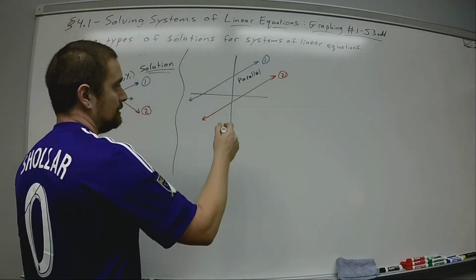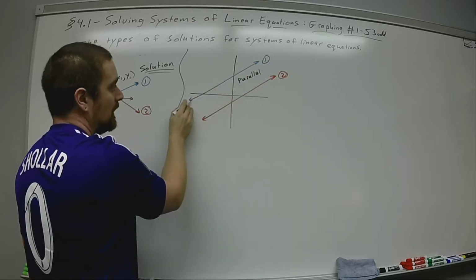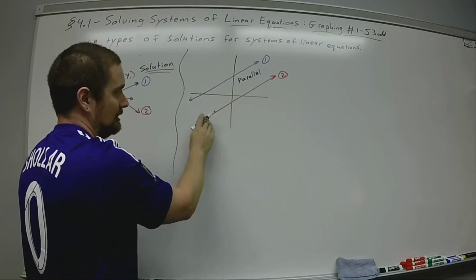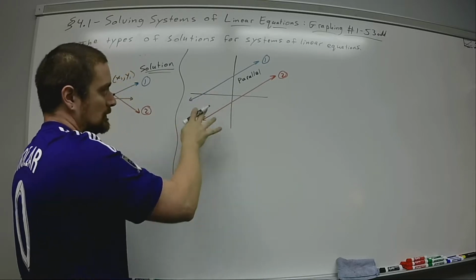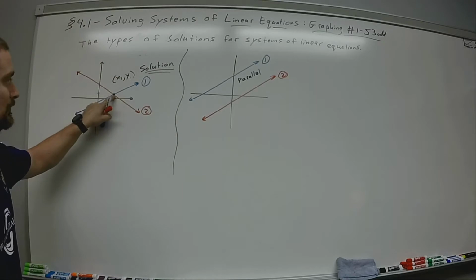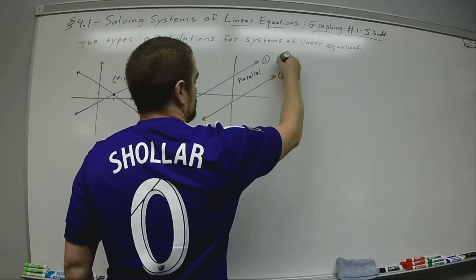These solutions need to solve both at the same time. Any point I pick on the blue line will never be on the red line, and vice versa. Any point I pick on the red line will never be on the blue line. So I will never get an ordered pair that is simultaneously on both of those lines. So in this case, we would have no solution.